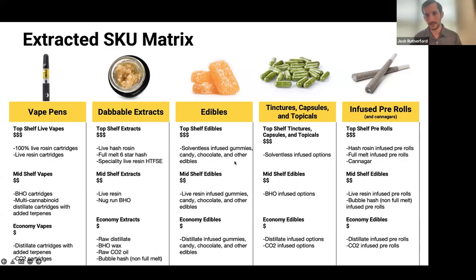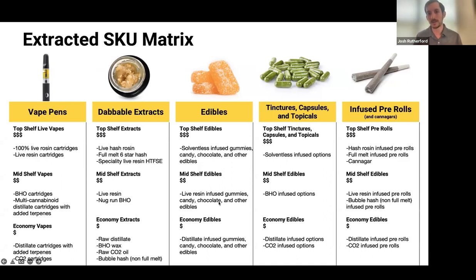Top shelf edibles are solventless infused gummies, candies, chocolate, and other edibles. Your solventless, especially in Colorado and California, has blown up. It sets you apart, with that organic type of candy, chocolates, and other consumable products.